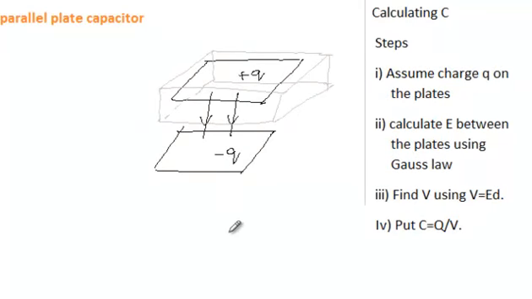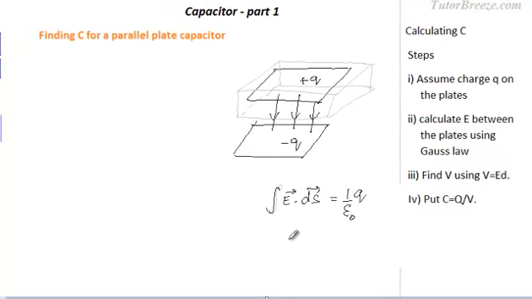Now we know that Gauss's law states that integral E dot dS is equal to 1 by epsilon naught times the charge enclosed. So the electric field times A is equal to 1 by epsilon naught times the total charge Q, because we've taken a Gaussian surface that encloses the entire positive plate.